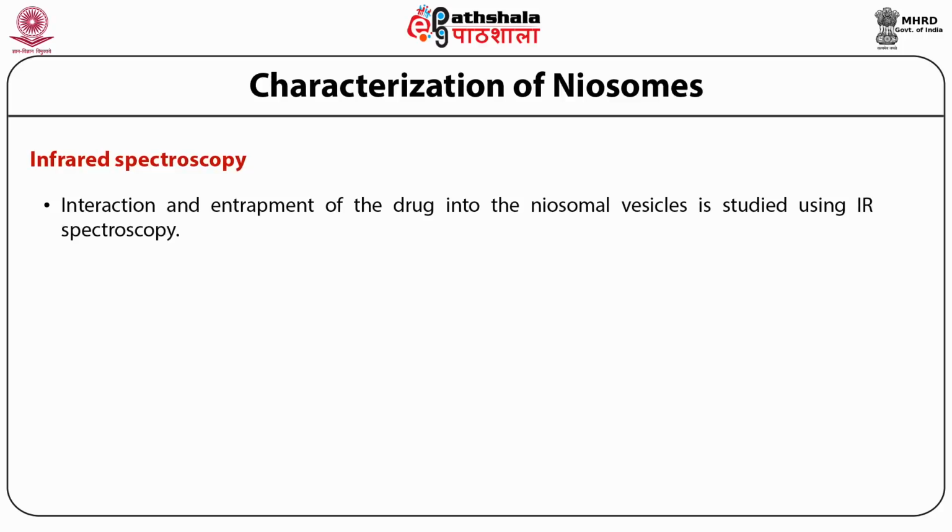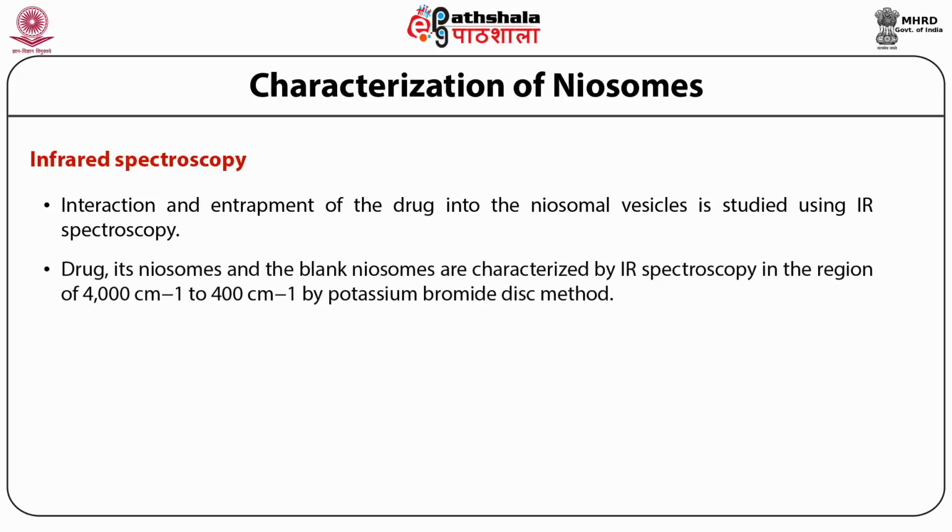Infrared spectroscopy. Interaction and entrapment of drug into neosomal vesicles is studied using infrared spectroscopy, IR spectroscopy. Drug, its neosome and the blank neosomes are characterized by IR spectroscopy in the region of 4000 to 400 wave number using the potassium bromide disk method.